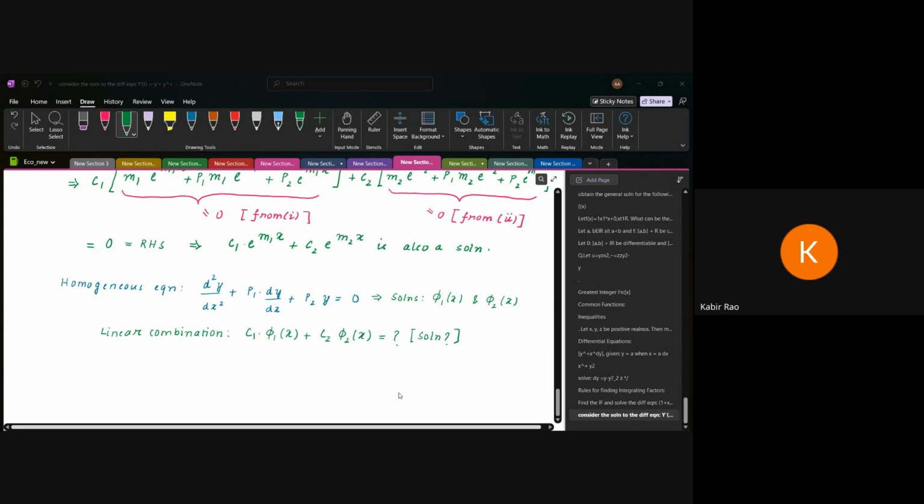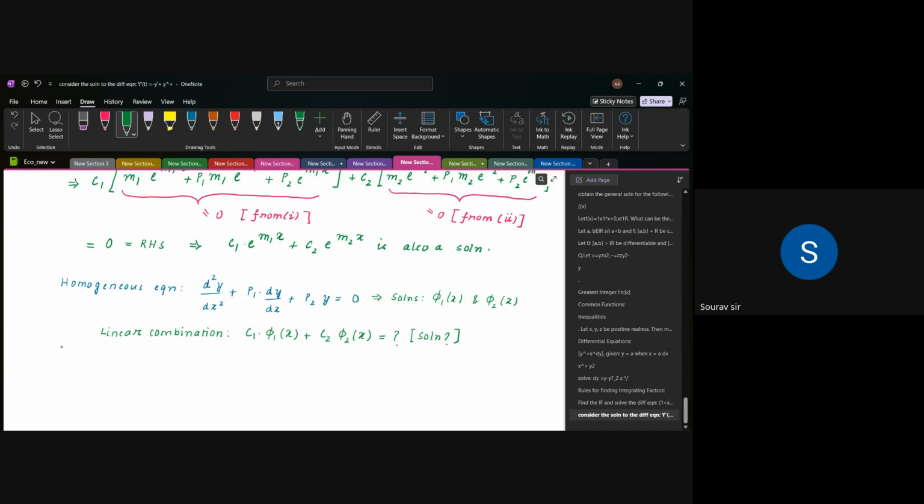We can substitute and check. Yes, definitely. Let's work it out. It's not very time consuming. If phi 1x is a solution, that means phi 1 double prime x plus p1 phi 1 prime x plus p2 phi 1 x should be 0.